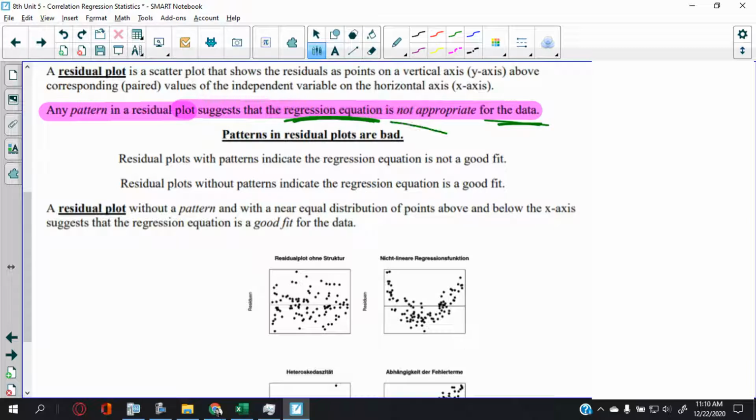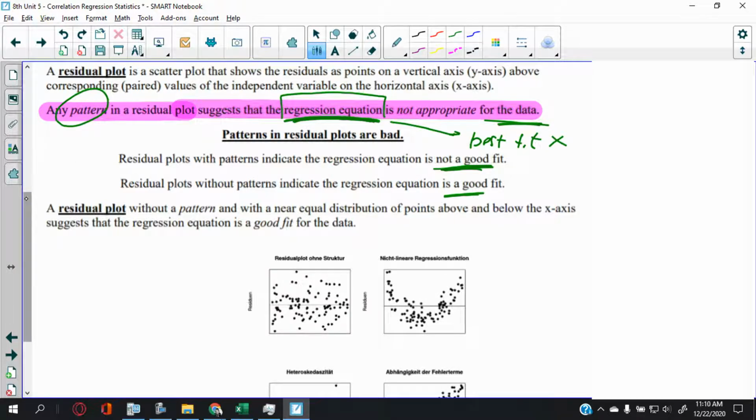Remember, this is a line of best fit, so if it's not a best fit, then it's not a good fit. So if there's a pattern in the residual plot, that means your equation is not very good.